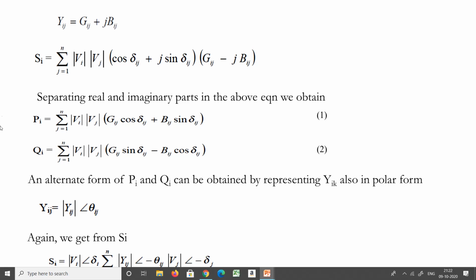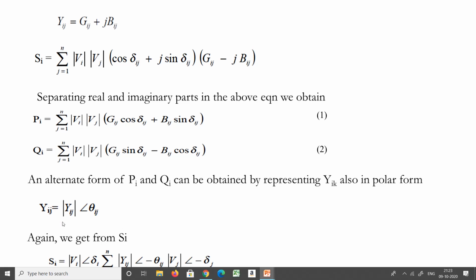There is an alternate representation for Y, that is the admittance in polar form. So both rectangular and polar forms are represented. In terms of angle it is 0 degrees, and in terms of the real part the per unit value will be 1.